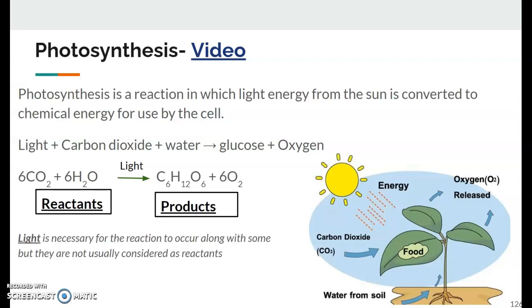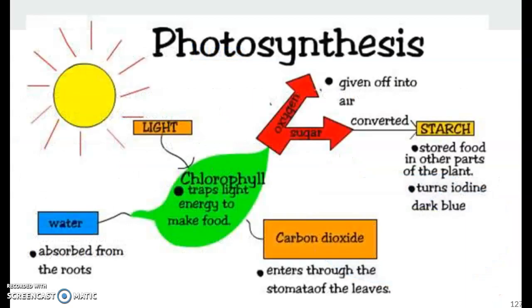Light is necessary for the reaction. But it's not usually considered a reactant. So we usually just place it on top of the arrow, or sometimes they leave it out, knowing that you understand that light is necessary. All right. Again, big picture of photosynthesis. Water is absorbed from the roots of plants.